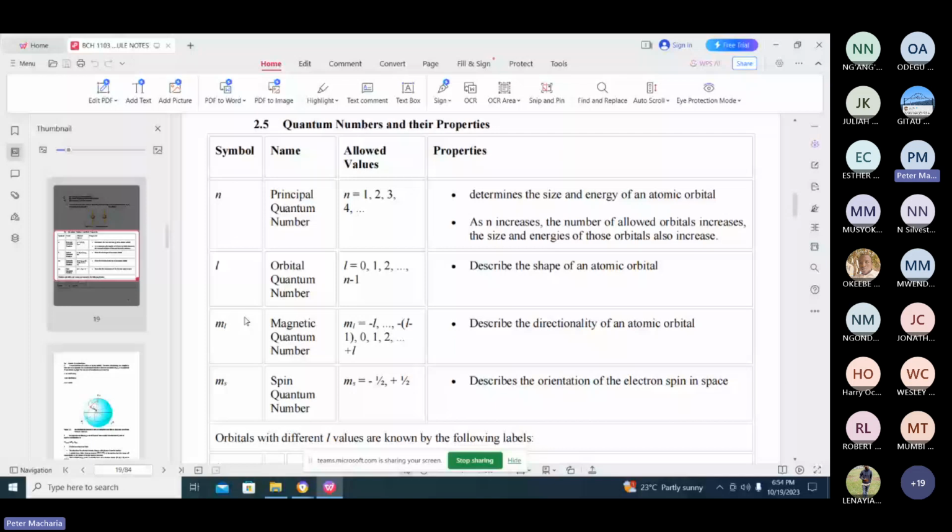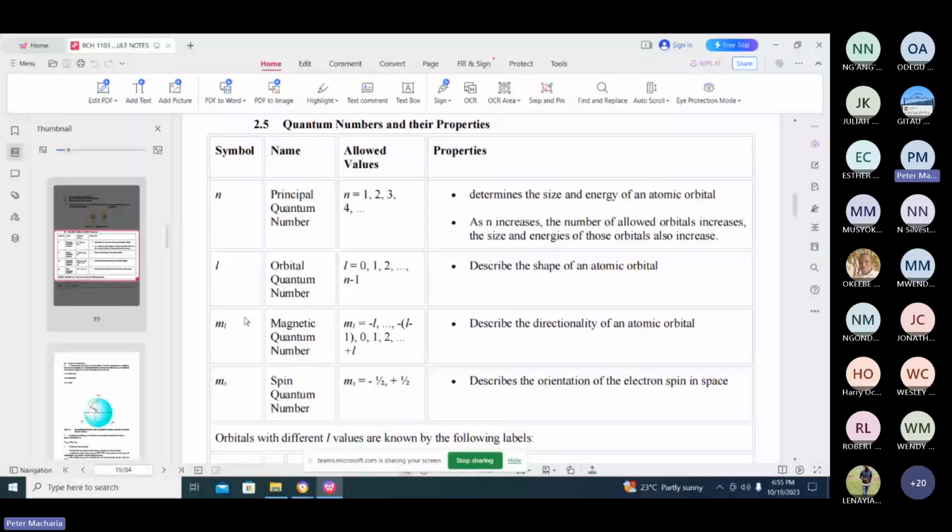So that is why Pauli's exclusion principle says that no 2 electrons within the same atom can have all 4 quantum numbers being the same, because you may have the same n, the same L, the same ML, but there will be a difference in MS, the spin quantum number.